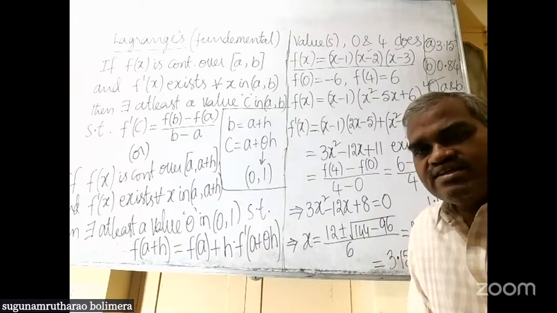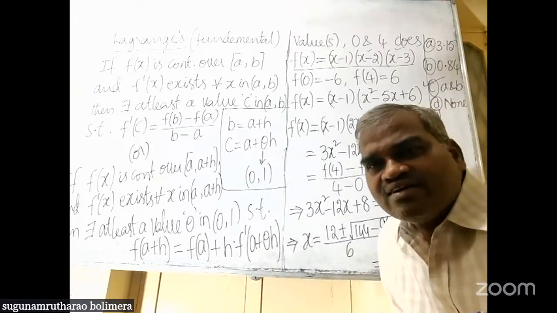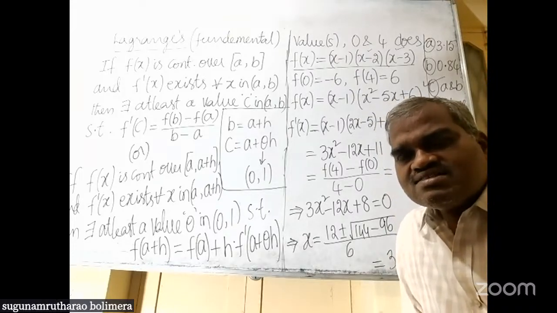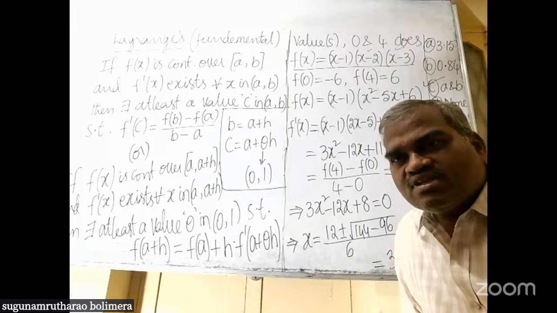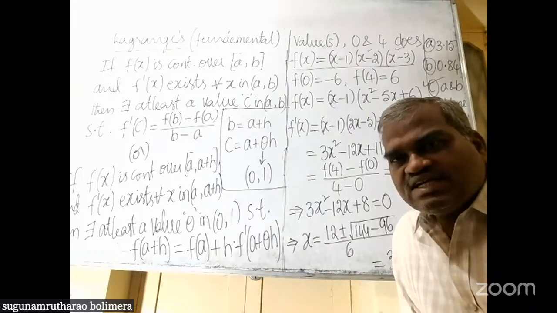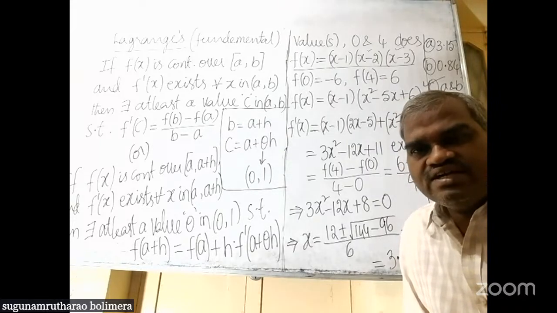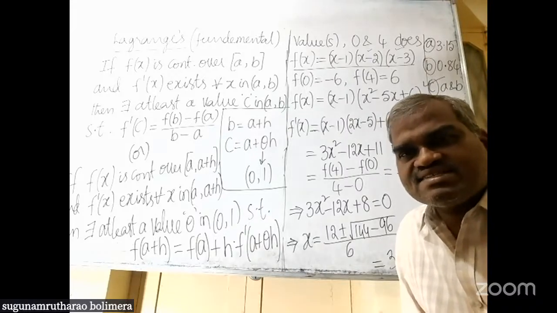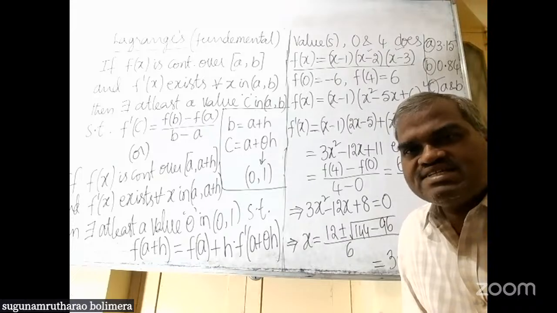A rail engine, starting from origin or stationary point, travels a distance of 380 meters in 8 seconds.